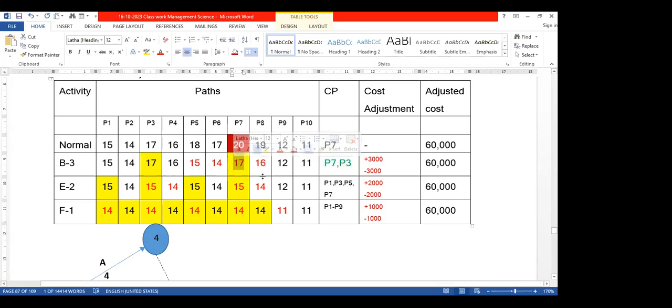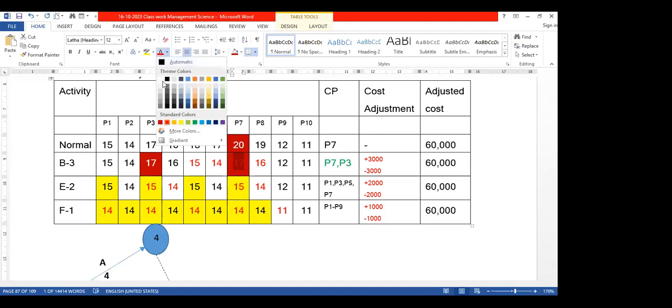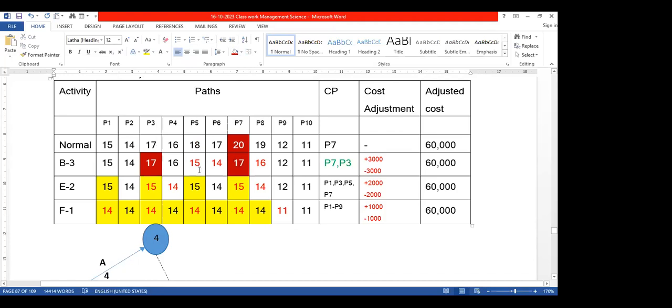Then here also 19 minus 3, 16. So now critical paths are 2. You see this one and this one, P3 and P7.